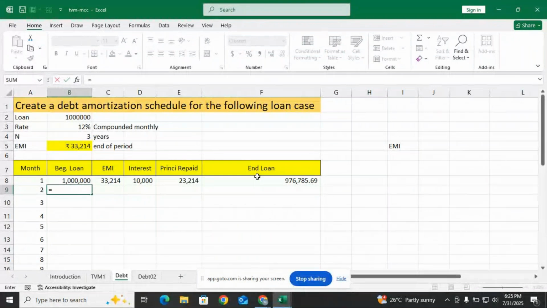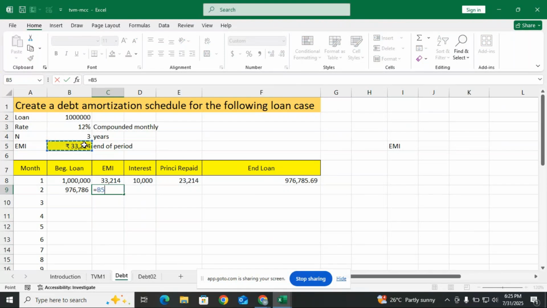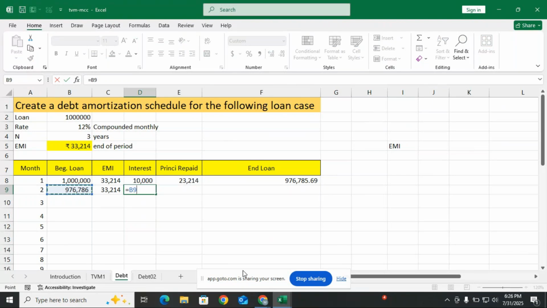Equals to, take this cell reference. So again, interest is equals to loan into 12% divided by 12.